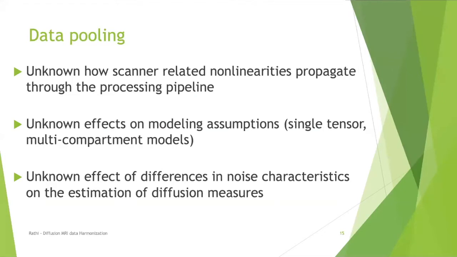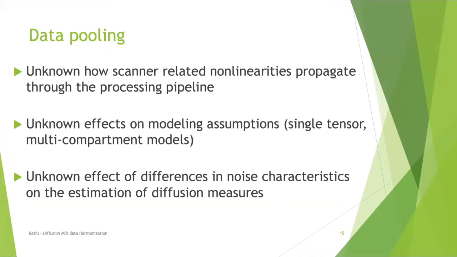So a few things about data pooling that we have also started to look a little bit more deeply into, but there are still many unknown factors. For example, it's unknown how scanner-related nonlinearities propagate through the processing pipeline, because all the processing is done and then you account for scanner-related things. We don't know how these intrinsic differences in the signal interplay with the processing pipelines.